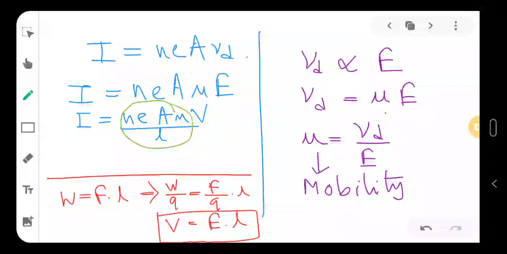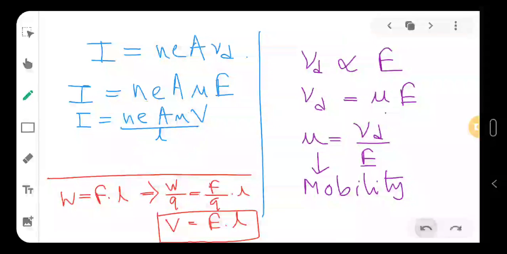N is the density of electrons in that material, which is a constant depending on the material itself. E is the electronic charge, A is the area of that material, mu is the mobility of electron, which is also like a constant term, L is the length of that material.